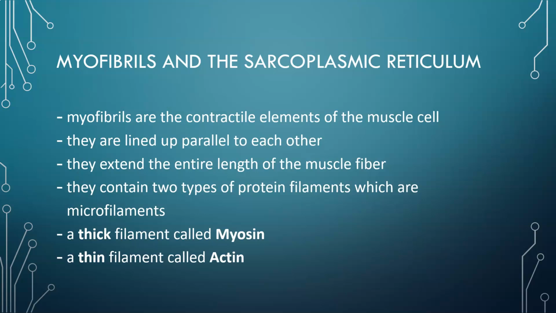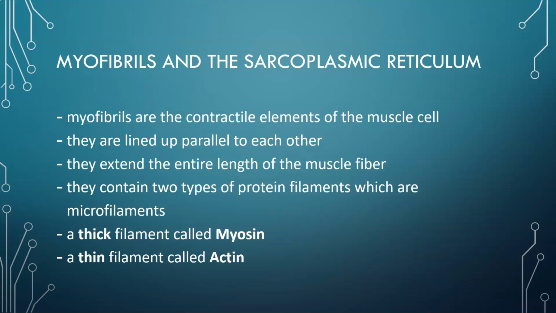So remember when I drew pictures on the board, I would draw the white lines that would represent the connective tissue, and then I would make red parts in between. Think of that's what's happening here. So we've got the myofiber, and within the myofiber, we have contractile filaments called myofibrils, and they run parallel to each other and extend the entire length of the muscle fiber.